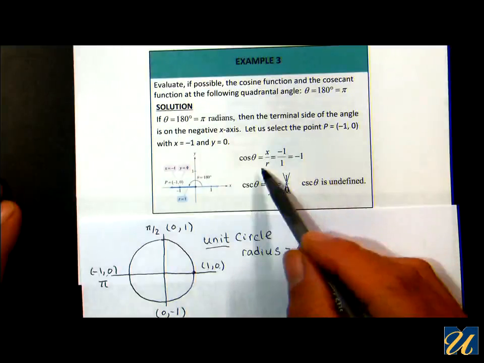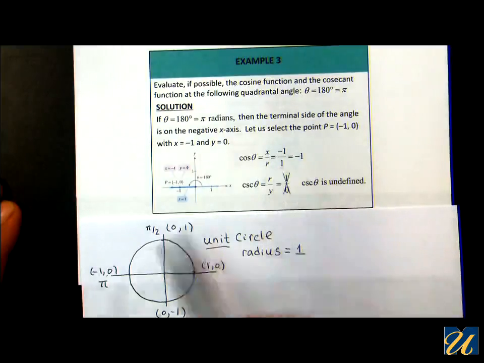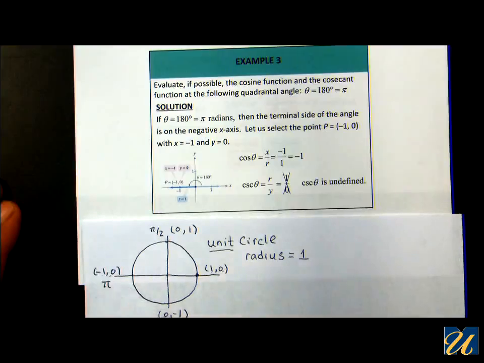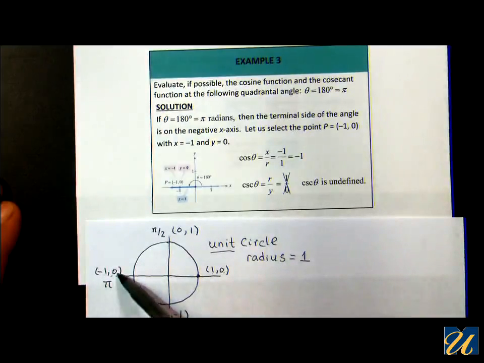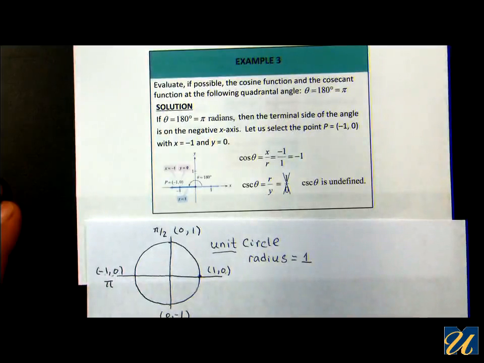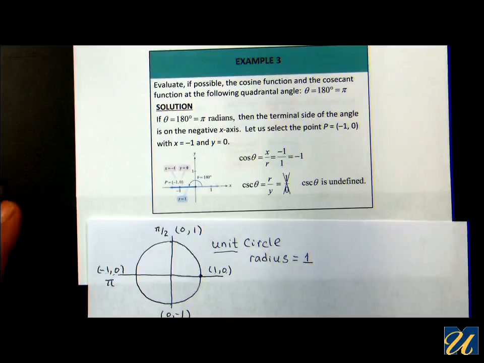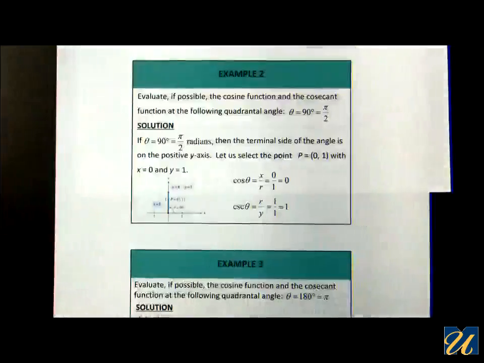We formally show that the radius is 1, but you can just pick off the x-coordinate because you're on the unit circle. And the cosecant is not defined there because that involves division by the y-coordinate, which is 0. So not all 6 trig functions are defined at various locations, so you have to actually check to see what is defined and what is not. Moving on to example 4.